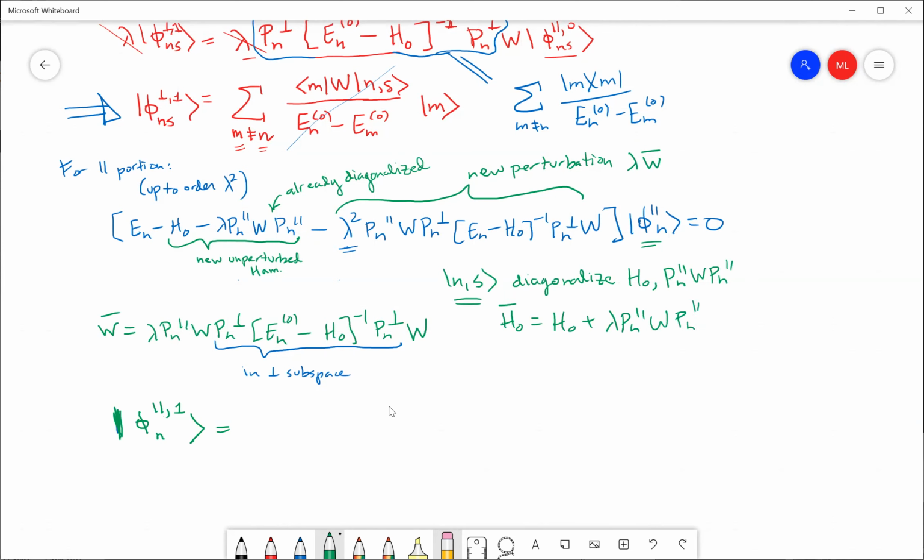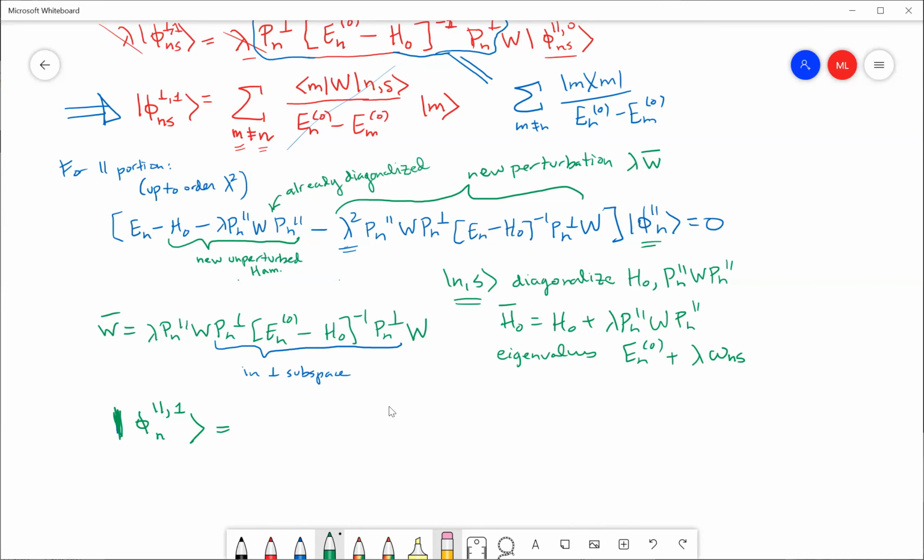Let's say it's got eigenvalues. What are the eigenvalues? The eigenvalues are just going to be En 0 plus whatever those eigenvalues of W are. So they're going to be some lambda times some little W n S. They might depend on S, because when we diagonalize the W, it'll have different eigenvalues depending on the value of S. So those are the eigenvalues.